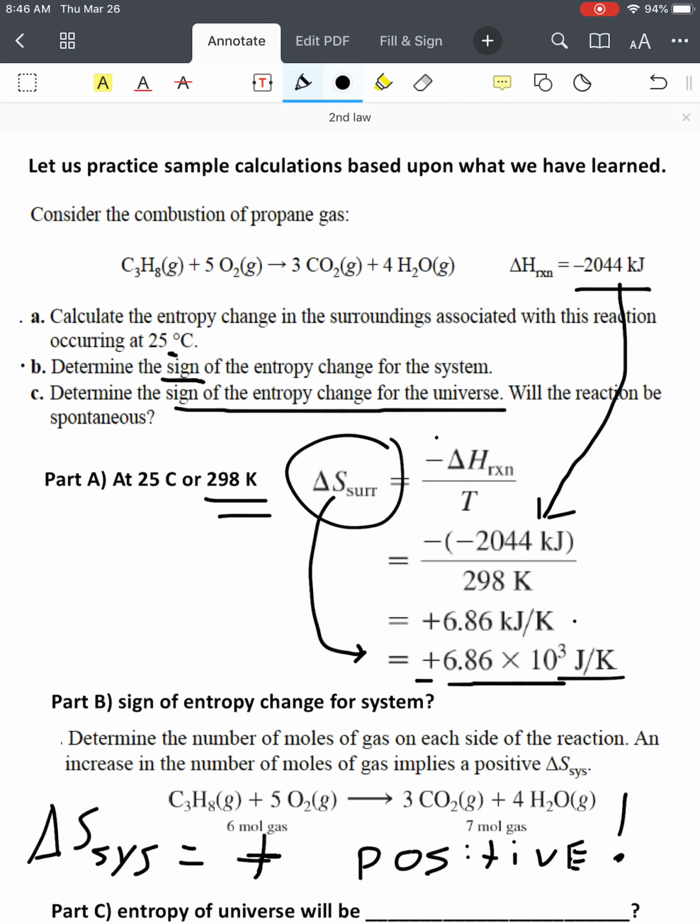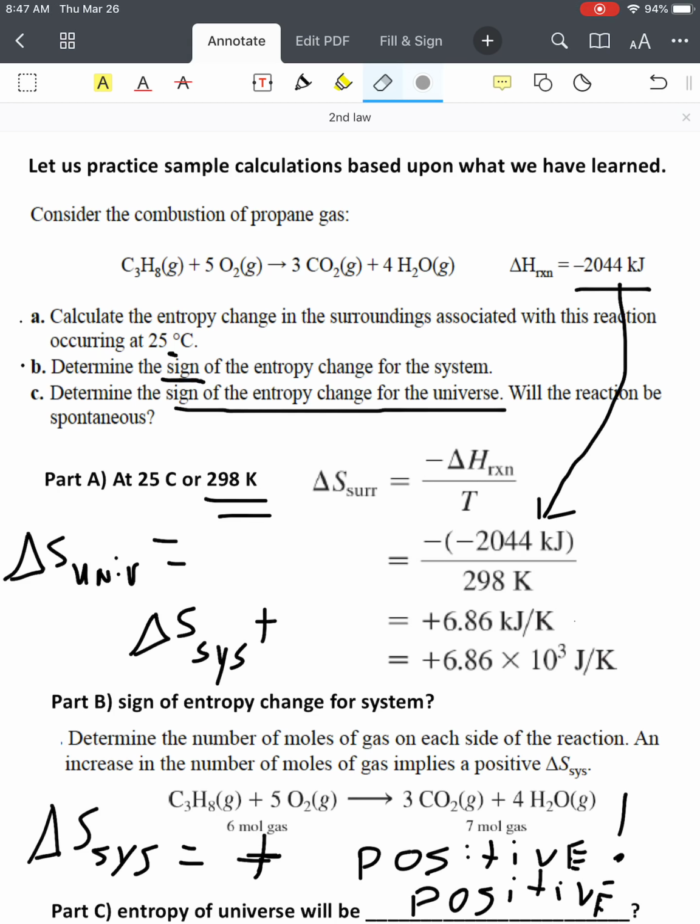Can I determine the sign on the entropy change for the universe? Sure. It's also going to be positive. And how do I know that? Because my delta S universe is just the sum of my delta S system plus my delta S surroundings.